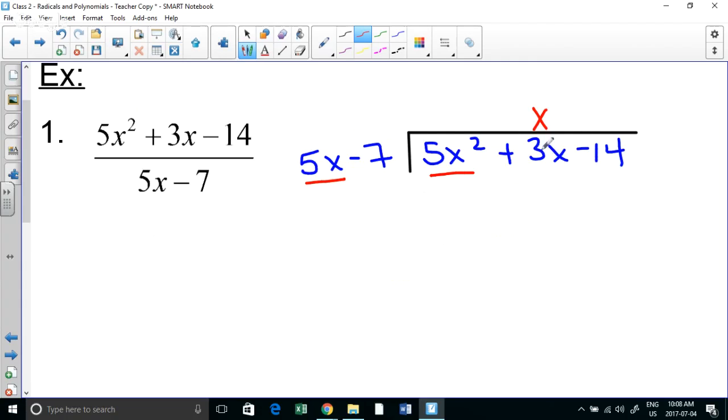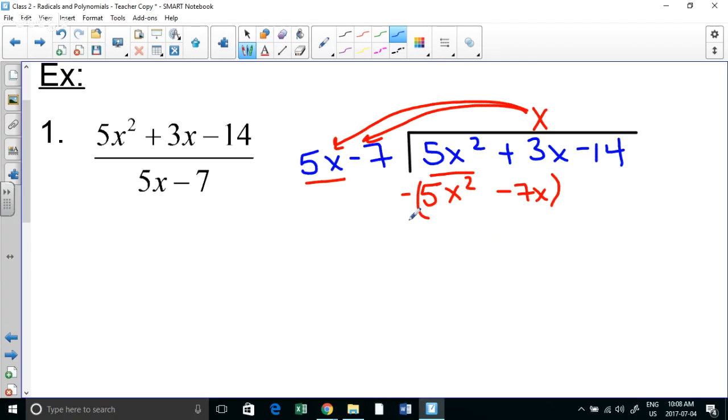I'm going to line it up with my x term here, just to make my life easier. Then take this new term and multiply each term of the divisor, so this and this. I'm going to line it up. x times 5x gives me 5x squared, and x times negative 7 gives me minus 7x.